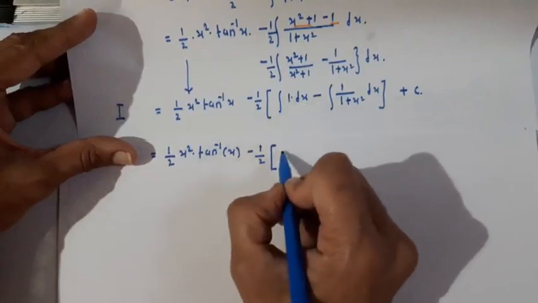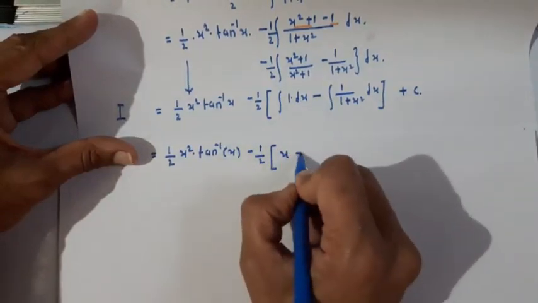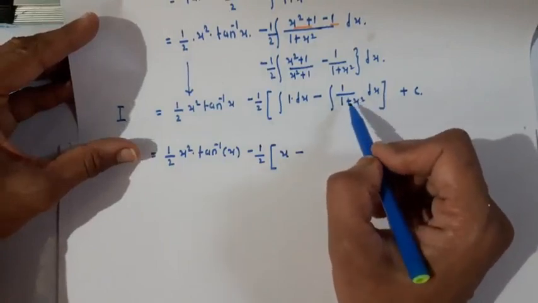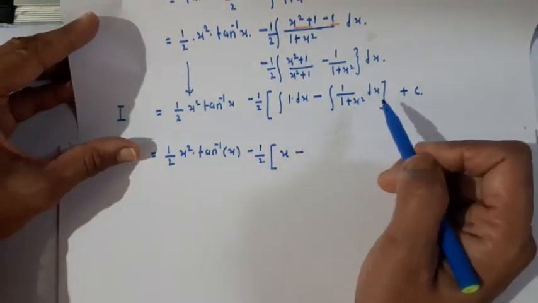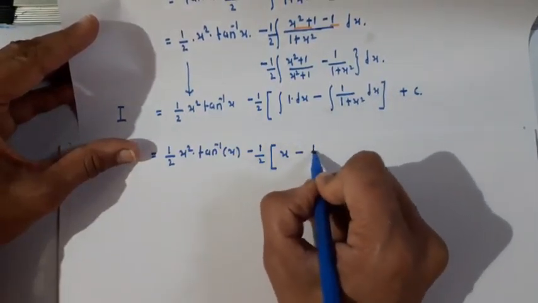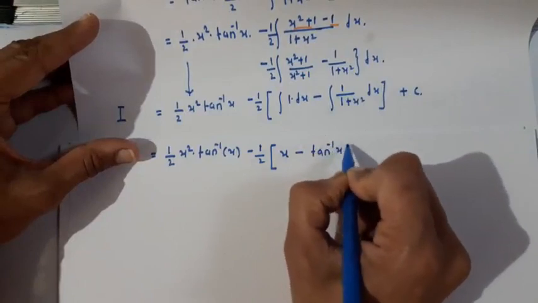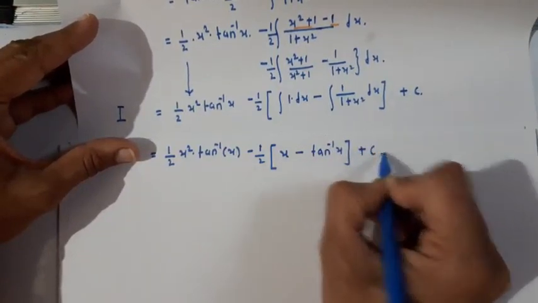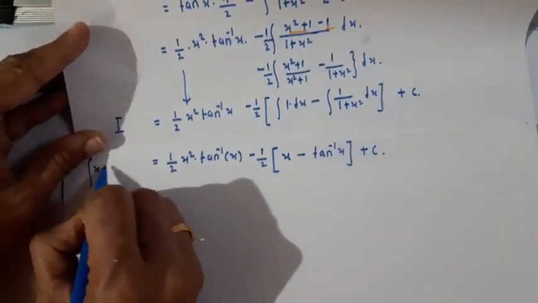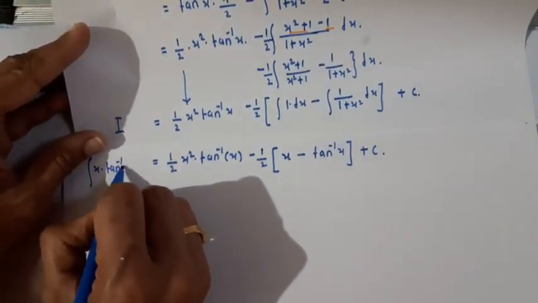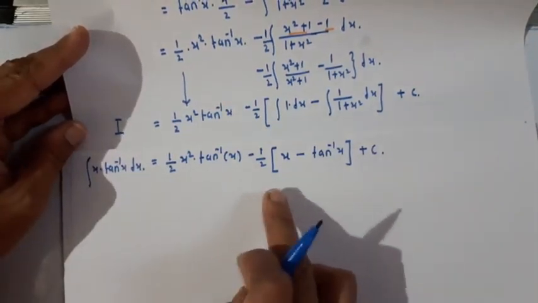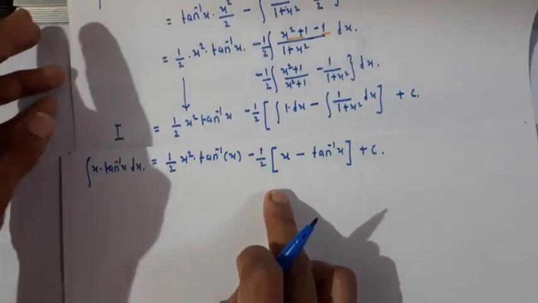Integration of 1 with respect to x is x minus, this integration is of the type 1 upon 1 plus x square, and its integration is tan inverse of x, plus constant of integration c. And this is the integration of x into tan inverse of x with respect to x. This is the integration of the given problem.